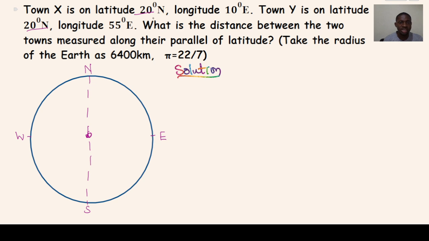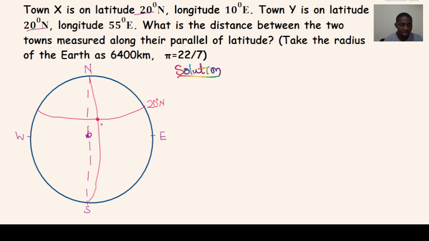Latitude 20 degrees, that is what we focus on. So we take it on the latitude of 20 degrees north, and longitude 10 degrees east, take that as this.